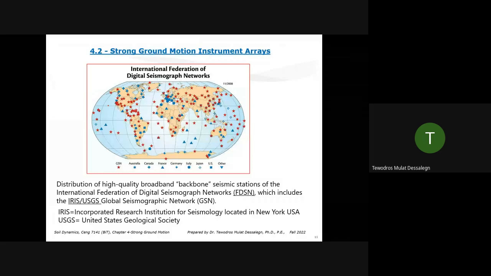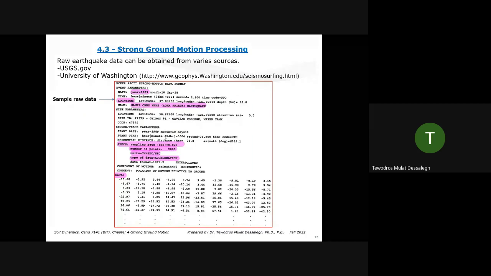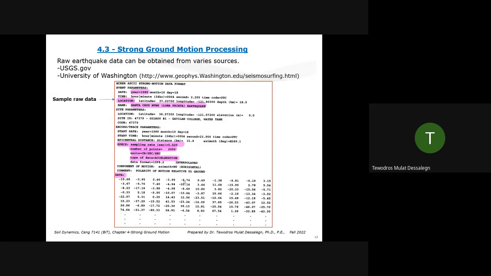In section 4.2, we have seen the strong ground motion instrument arrays worldwide. This is just an example. You can have a wide variety of measuring instruments all over the world. The strong ground motion raw data can have some noise or unwanted frequencies, but you can get raw data from several sources online these days within minutes of the occurrence of the earthquake.